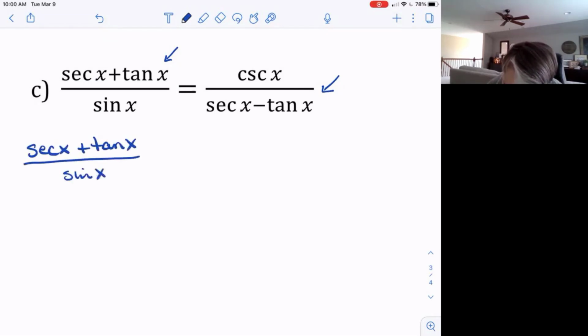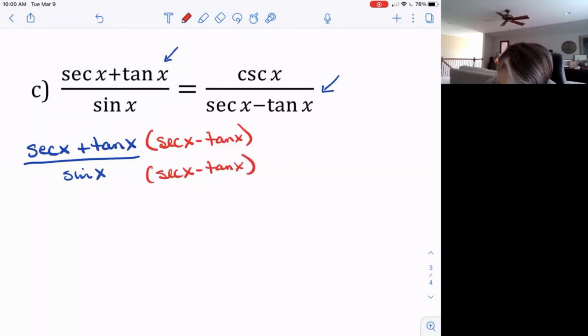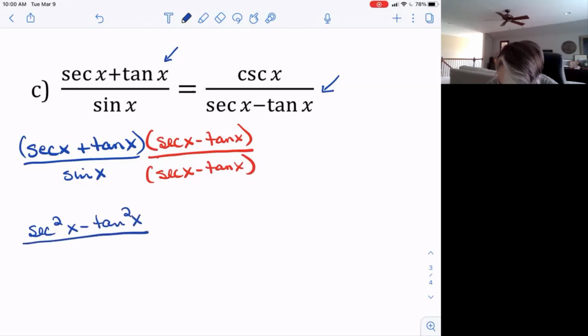So we took the left-hand side and multiplied the top and bottom by secant x minus tangent x. When we distribute on the top, since they're conjugates, we get secant squared x minus tangent squared x over the bottom, which is sine x times secant x minus tangent x.